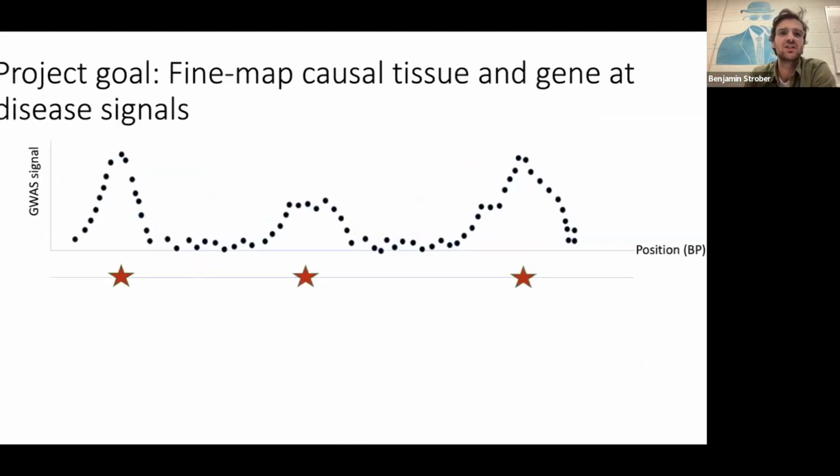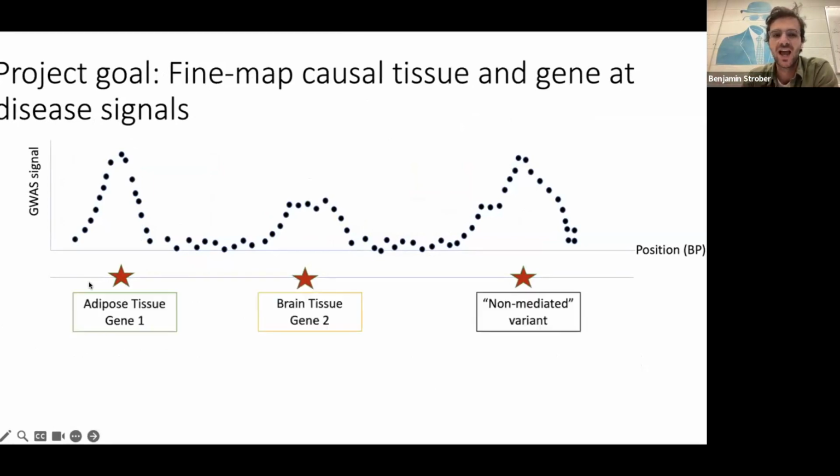So a bit more detailed, the goal of this project is to fine map causal tissues and genes at disease signals. And here we show a cartoon Manhattan plot showing a given GWAS locus. And what you can see here in the cartoon is there's hypothetically 3 different causal signals underlying the disease locus. And as you may imagine, what could happen here is this first signal is mediated through a given gene.